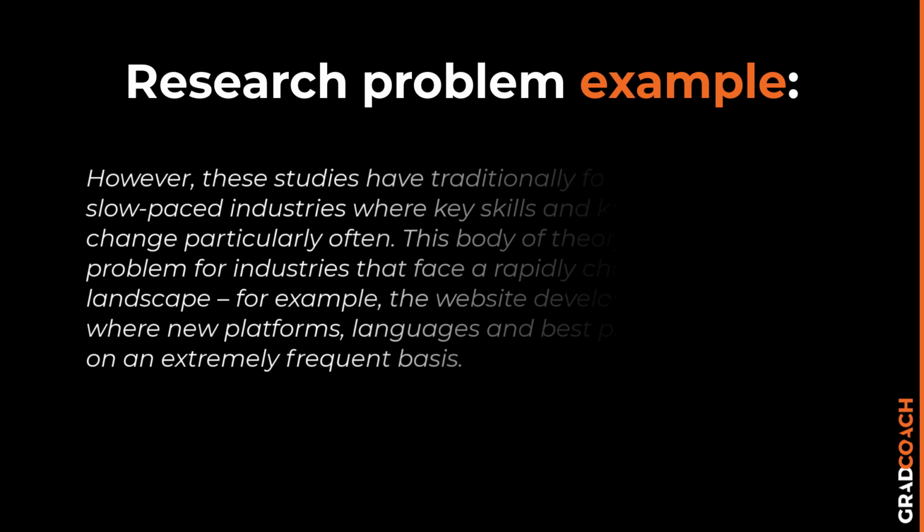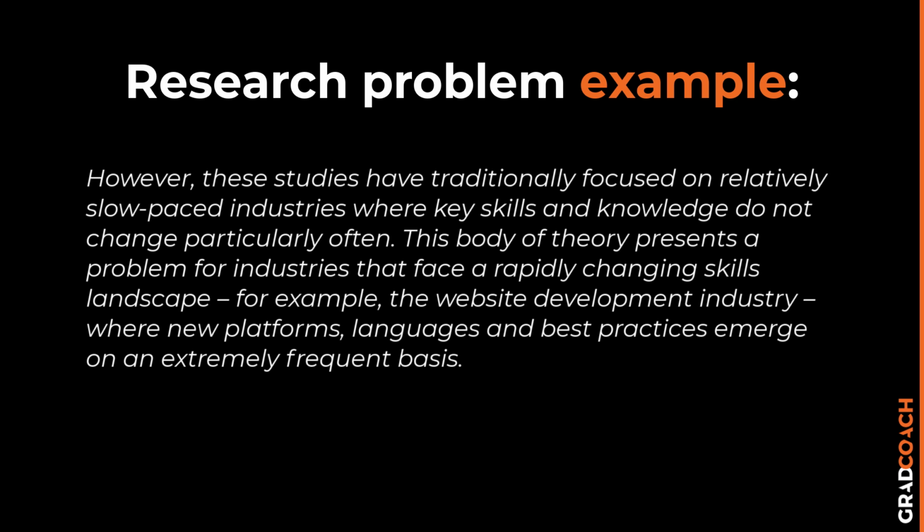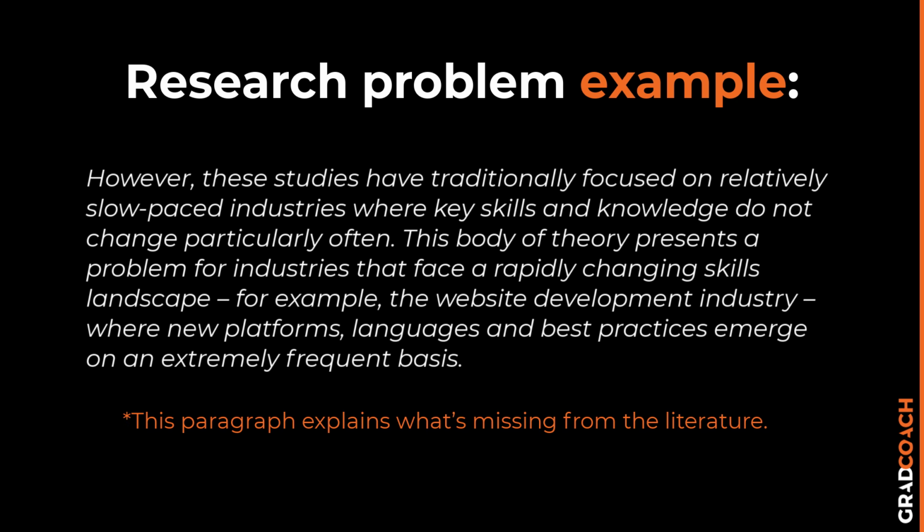However, these studies have traditionally focused on relatively slow-paced industries where key skills and knowledge do not change particularly often. This body of theory presents a problem for industries that face a rapidly changing skills landscape. For example, the website development industry, where new platforms, languages, and best practices emerge on an extremely frequent basis. This paragraph explains what's missing from the literature.